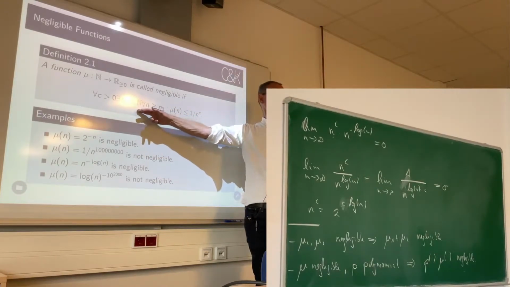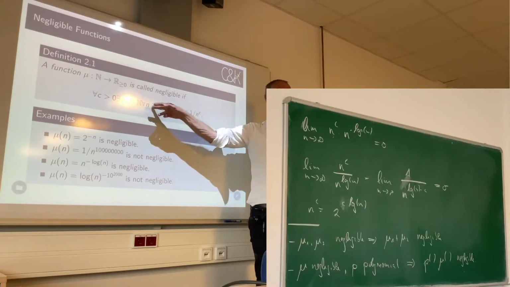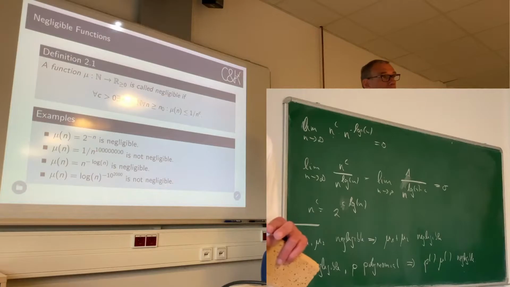If I multiply something with a polynomial, I just have to increase this n0, but eventually it still becomes smaller.